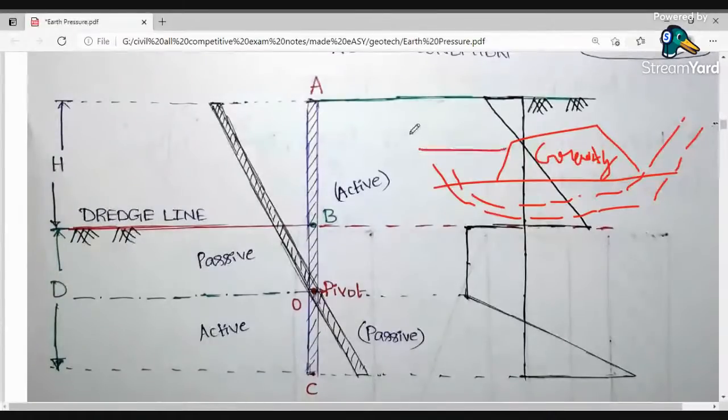Since this is the upstream, and this is downstream, right? So piping failure is a condition where the soil below the gravity dam acts as a hollow water pipe because of the seepage phenomena.